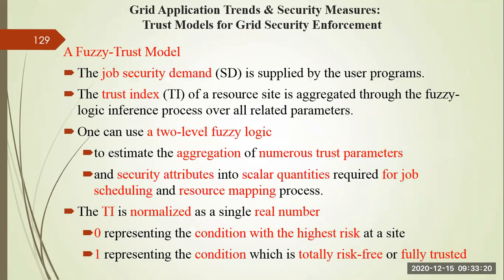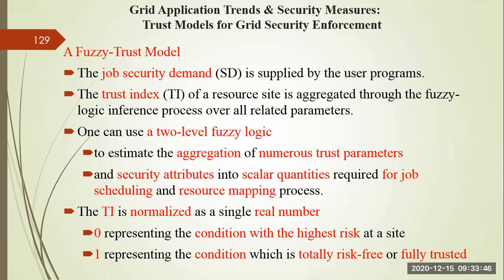Similarly, there is a fuzzy trust model. What we are doing in the fuzzy trust model, fuzzy means the value is not 0 or 1, it is in between 0 and 1, right? So here also we are specifying the security demand of the job, and the trustworthiness of the site is dependent on TI. But here we are taking a two-level fuzzy logic. What is two-level fuzzy logic?